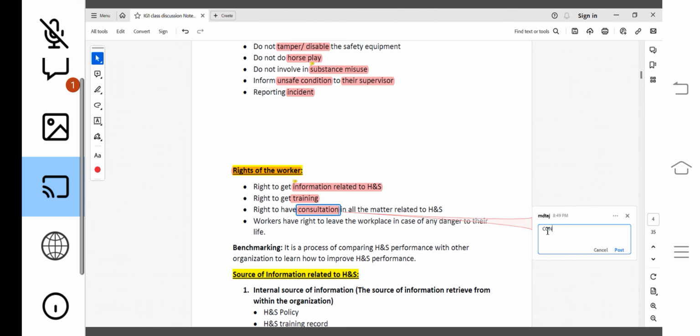Consultation is a two-way communication system or method where the two parties are sharing their opinion on a subject and then finally coming to a common or agreed solution.